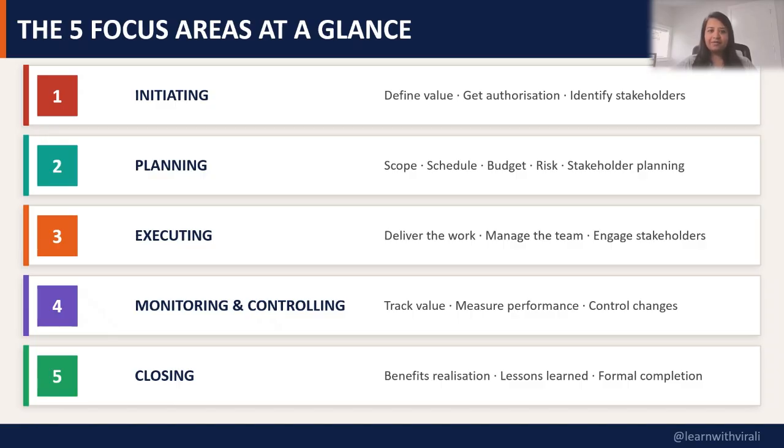So first, if you want to remember it properly, initiating is something that you need to discuss and finalize, like what is this project and is it even worth doing it? So that's where you define the value, get authorization, and also identify the stakeholders. Second focus area here is planning, wherein you decide how we are going to deliver this particular project.